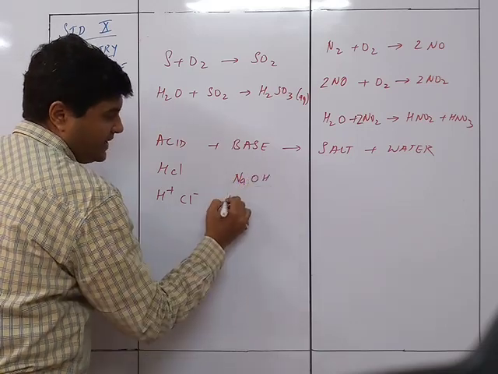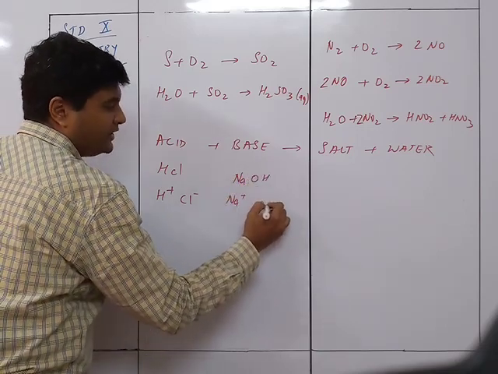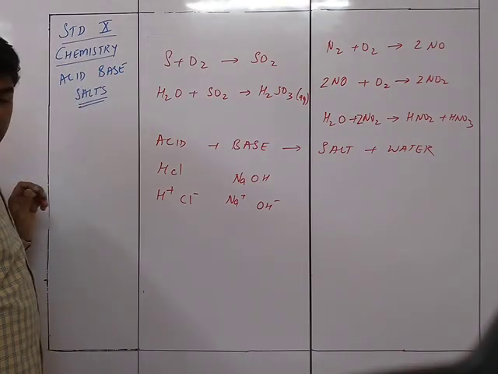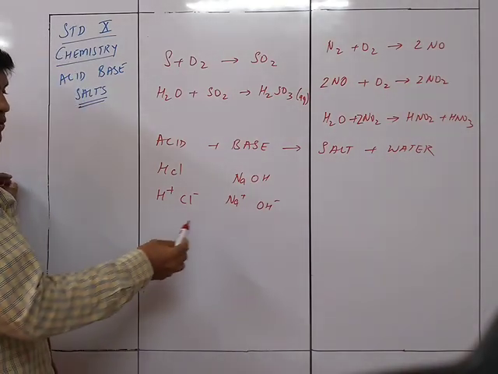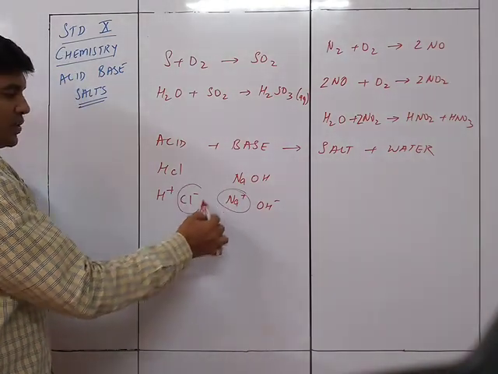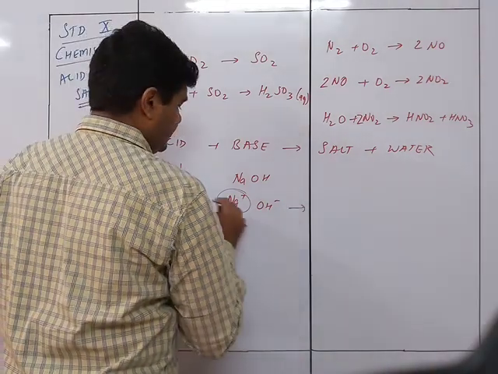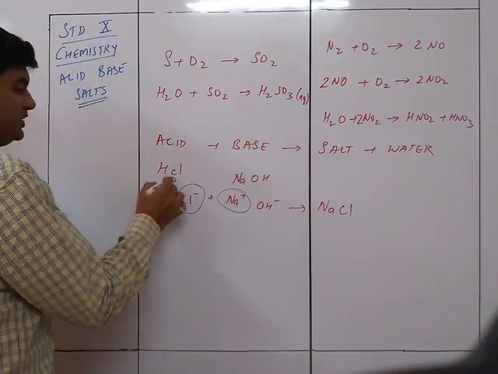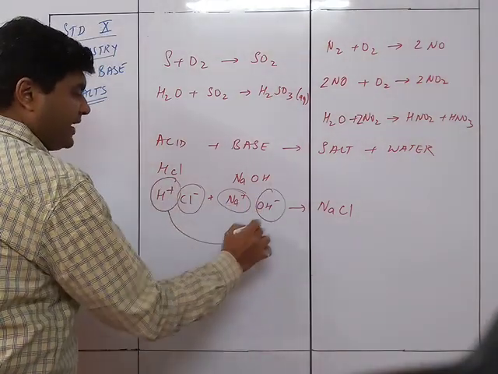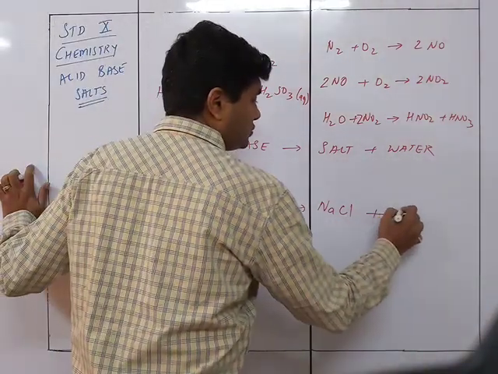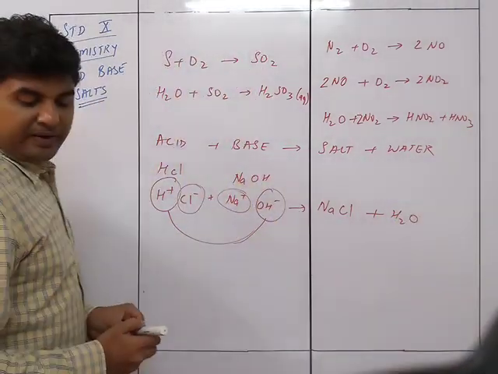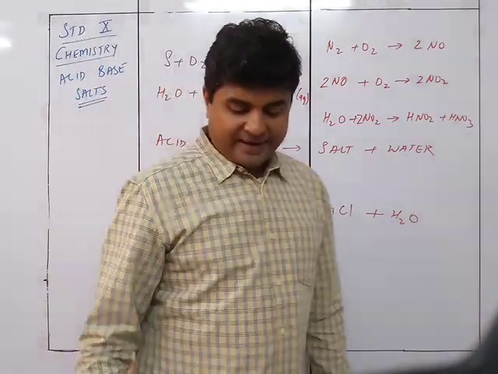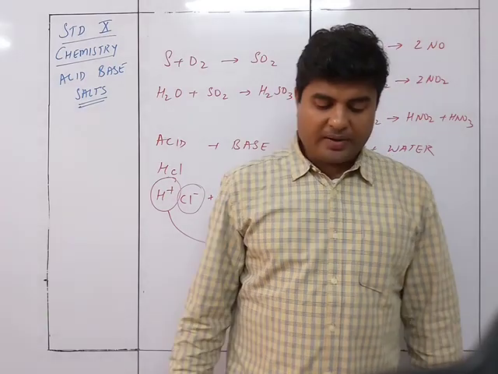So it is nothing but Na plus and OH minus. So when you see this, what is going to happen? This and this are going to react to give you the resultant as NaCl, of course, and this one is going to give rise to water. So this is how the double displacement taking place over here gives rise to the salt plus water.